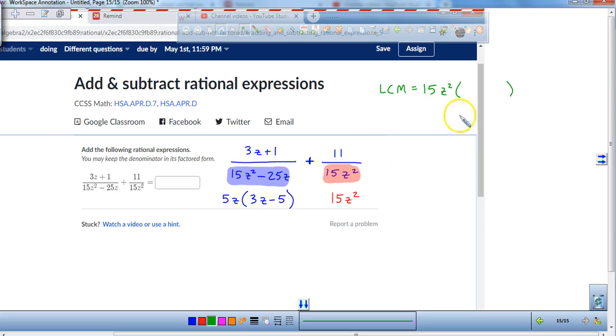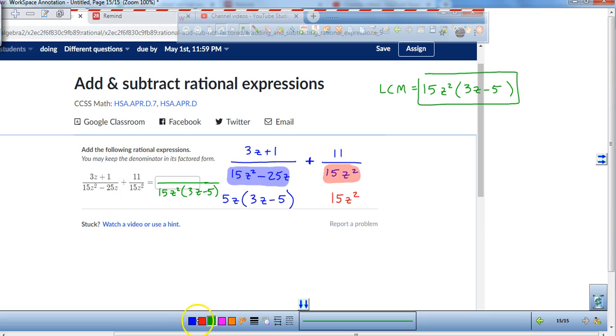We got to add this binomial, 3z minus 5. This is what's going to be in the denominator. So I'm just going to pre-write it. 15z squared, parentheses, 3z minus 5. All right, that's the least common multiple that we're going to have as our common denominator.